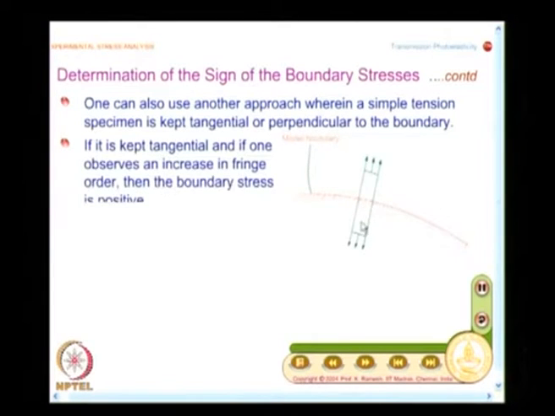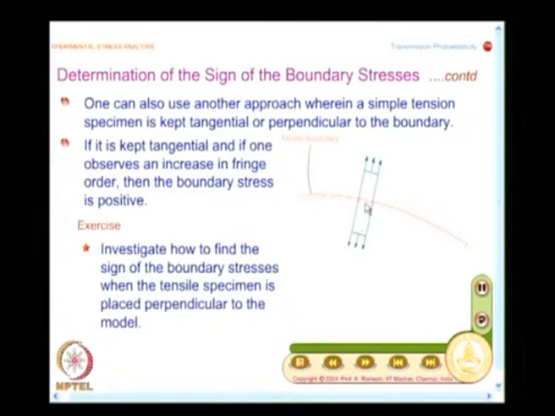I can take a specimen subjected to tension. I can keep it either tangential to the boundary or perpendicular to the boundary. So, I can adopt another approach wherein a simple tension specimen is kept tangential or perpendicular to the boundary.